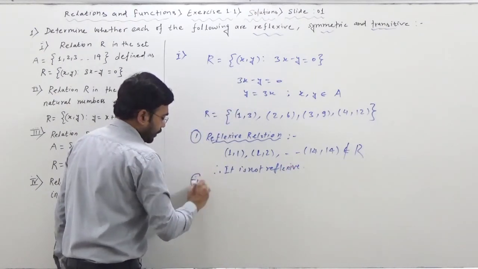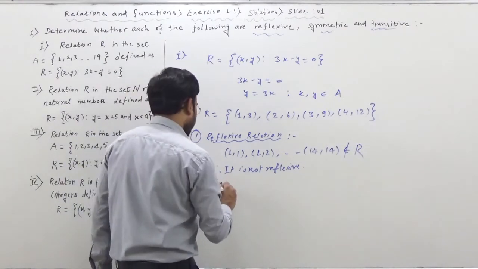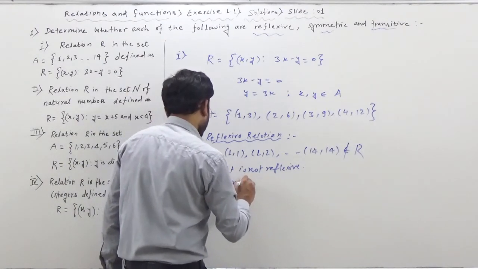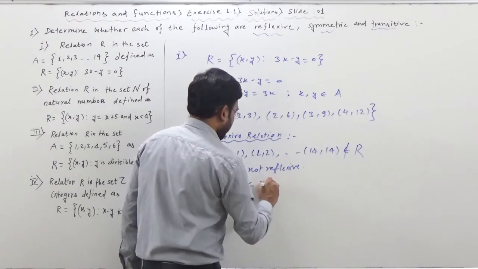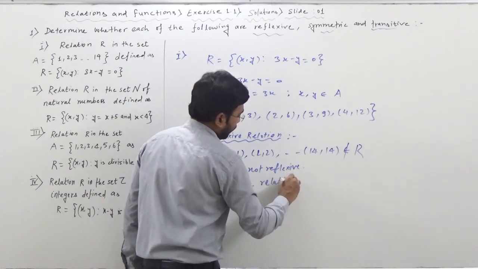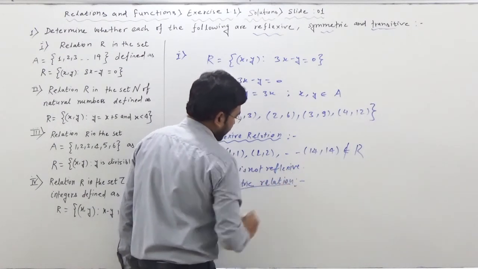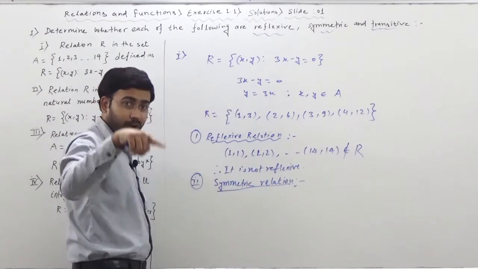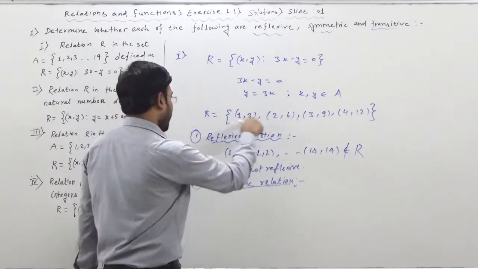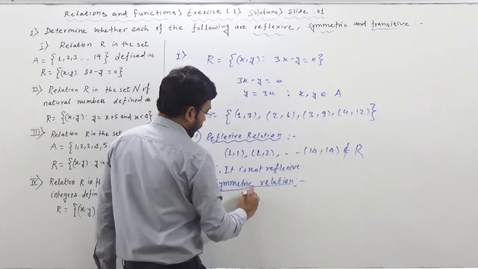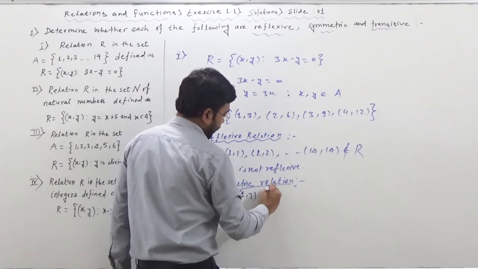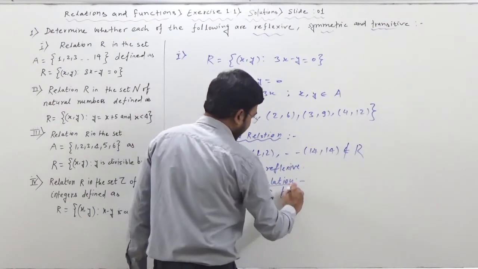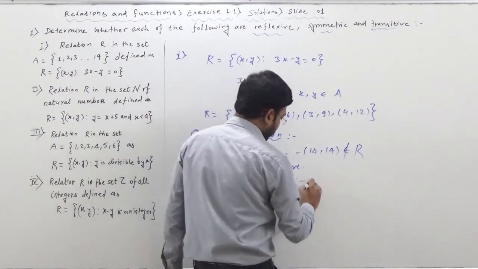Now moving to the second check, symmetric relation. So what do we do for symmetric relation? If (A, B) is there, then (B, A) also needs to be there. Now we are going to check from this. (1, 3) belongs to R, true. But can you tell me whether (3, 1) also belongs to this?